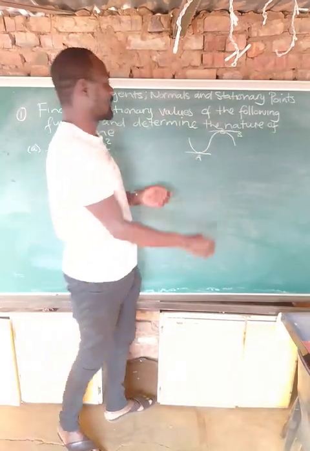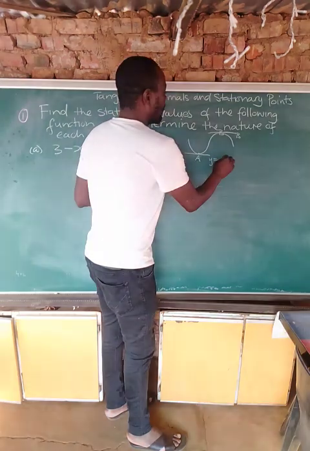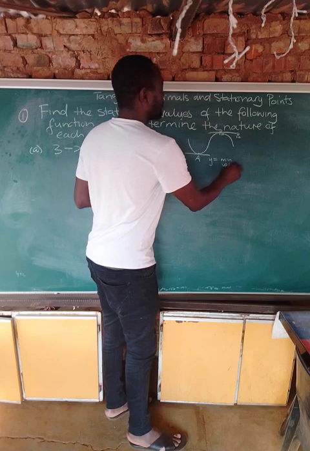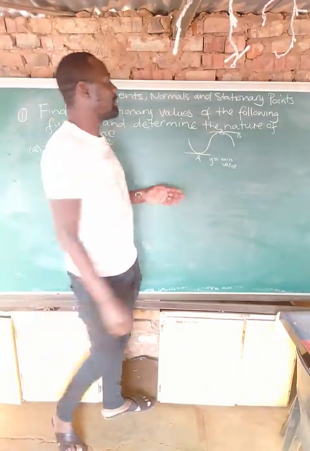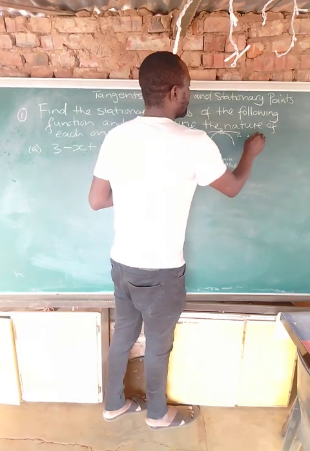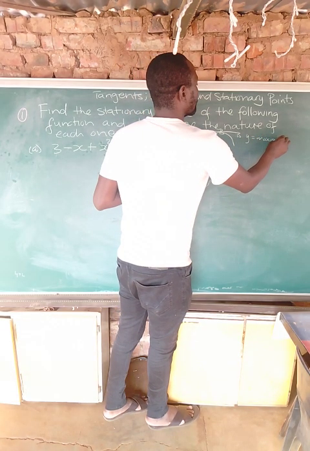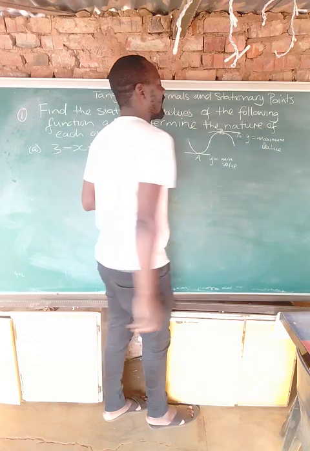At point A, we can say y has got a minimum value, and at B, y has a maximum value.